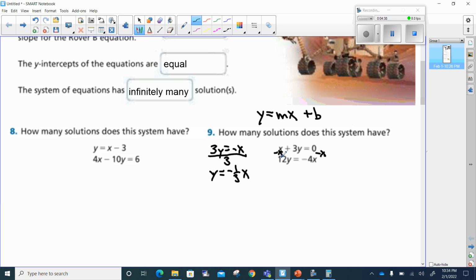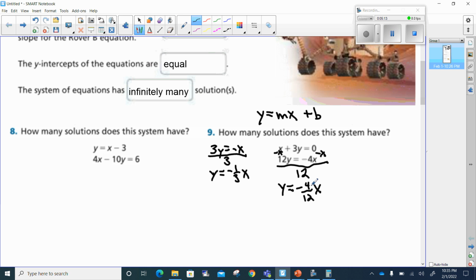All right, now we're going to go ahead and try to solve this next one. It's already in the form of y equals x, so what we're going to do is divide everything by 12. And that way we'll get y by itself. 12y divided by 12 is y. And negative 4 divided by 12 will give me negative 4 over 12 x.